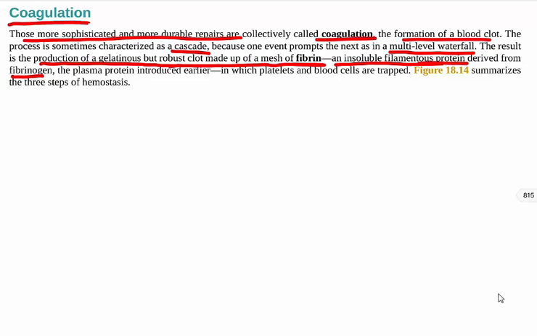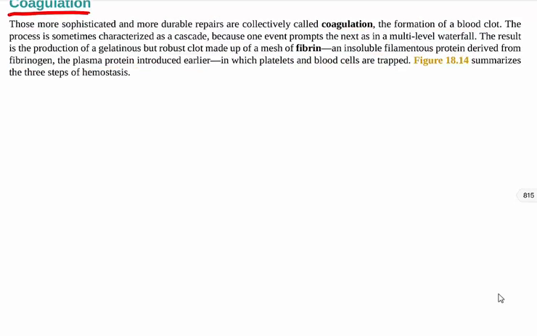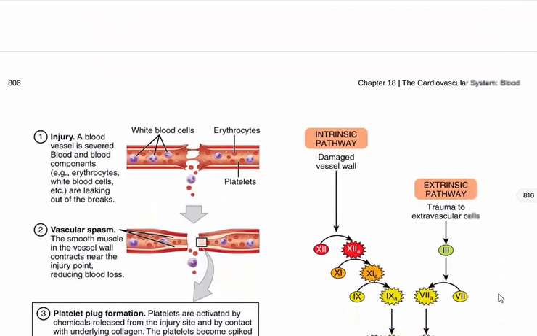This filamentous protein is kind of strandy, long strands, that's going to create like a web mesh in the area. So remember, we already talked about fibrinogen, the plasma protein that we talked about before, in which platelets and blood cells are trapped.